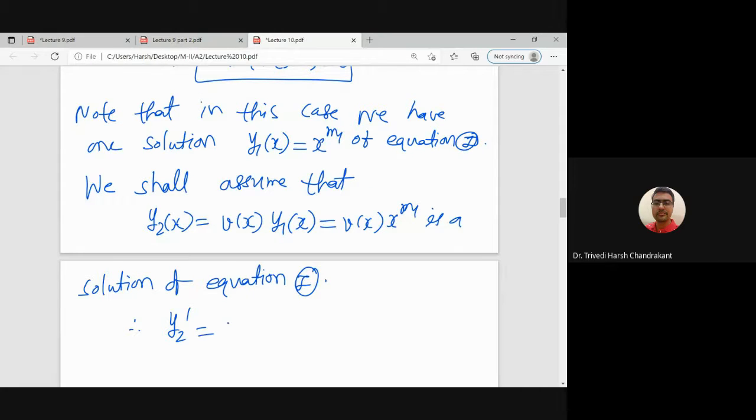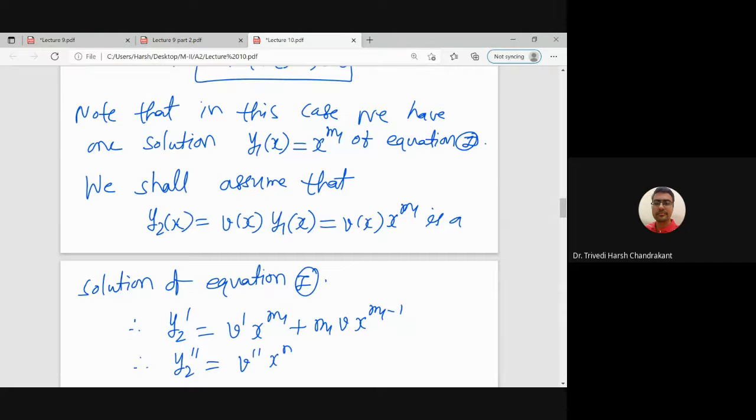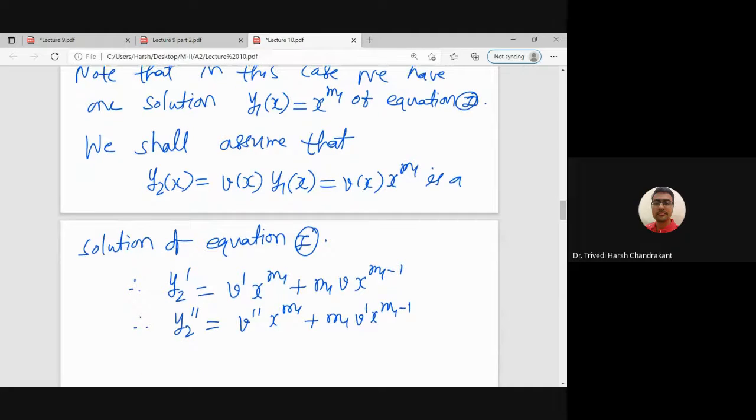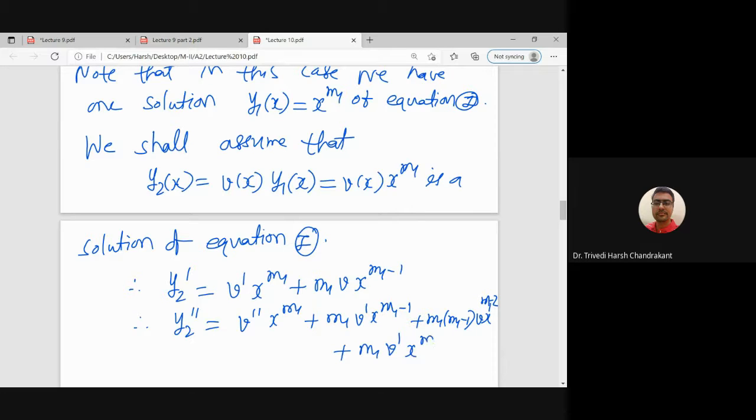So y2 dash will be v dash x^m1 plus m1 v x^(m1 minus 1), and y2 double dash will be v double dash x^m1 plus m1 v dash x^(m1 minus 1) plus m1(m1 minus 1) v x^(m1 minus 2) plus m1 v dash x^(m1 minus 1).